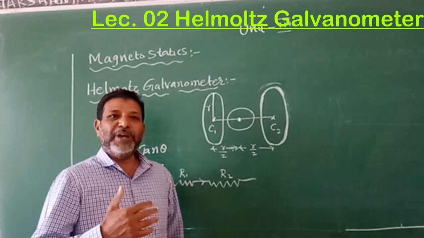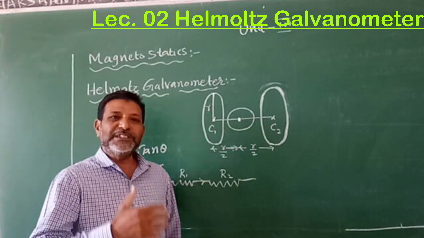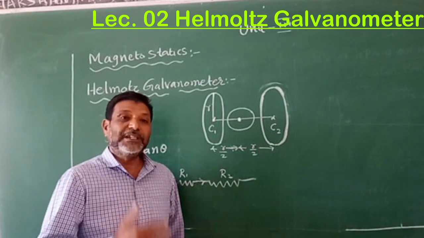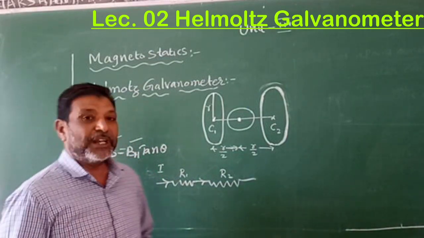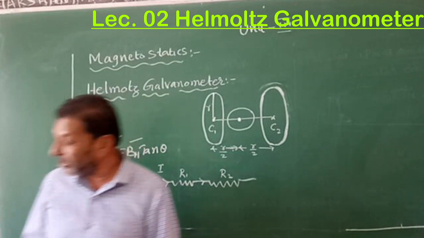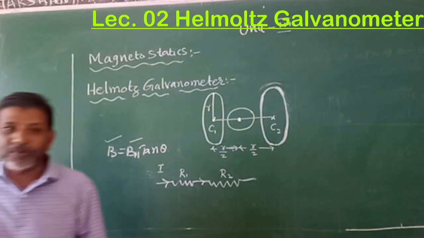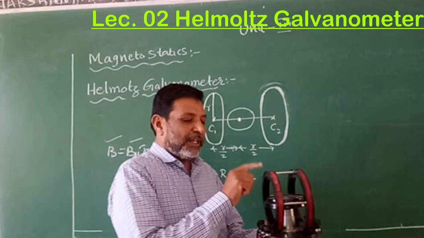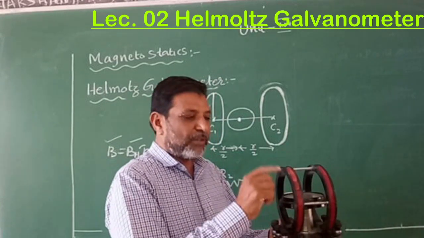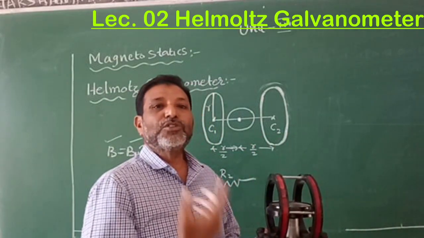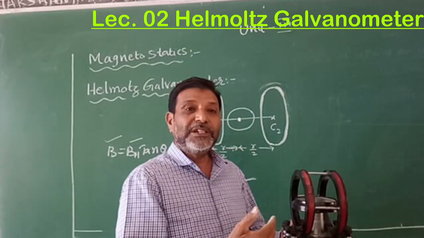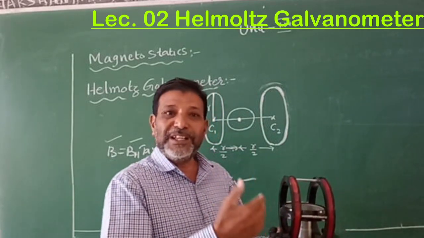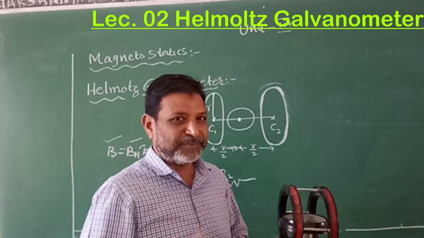Why is the direction of the magnetic field due to the two coils in the same direction? Because the direction of the current is the same. Suppose in both the coils the direction of the current is clockwise, then the direction of the magnetic field at any point due to the two coils is also in the same direction.